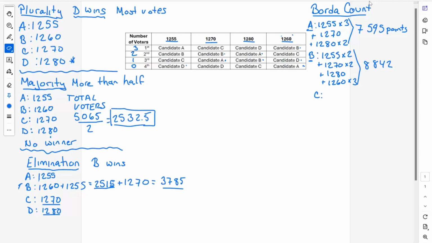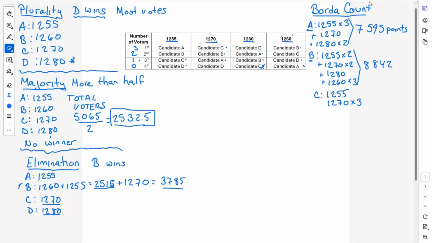Candidate C would get 1,255 times 1, or just 1,255. Candidate C would get 1,270 times 3. Candidate C would get 1,280 times 0. They get no points for that, so we don't have to pay attention.